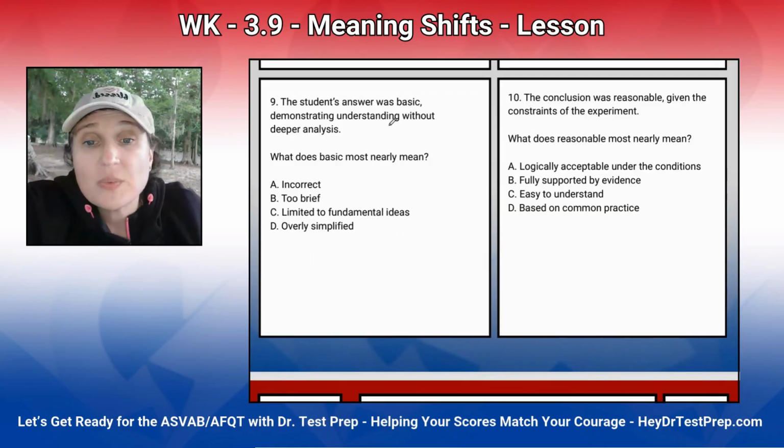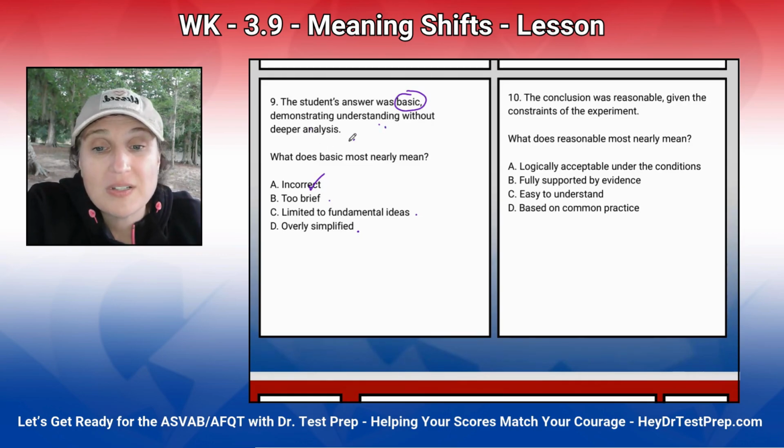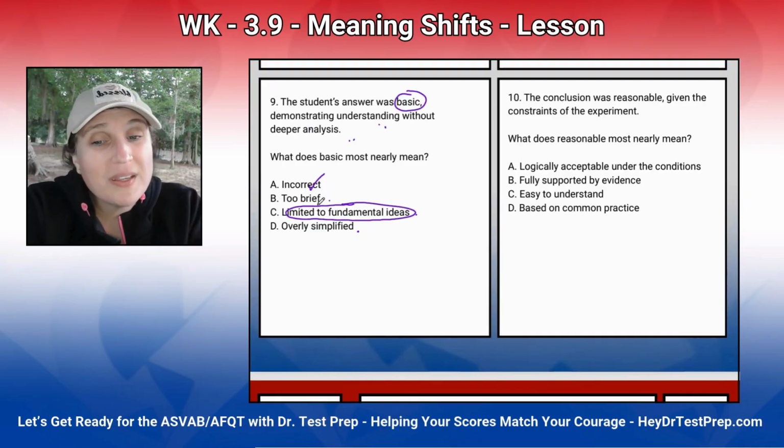The student's answer was basic, demonstrating understanding, but not deeper analysis. So they still understood it, so it wasn't incorrect. Potentially too brief, limited to fundamental ideas, or oversimplified. I would say limited to fundamental ideas because they didn't describe things more.